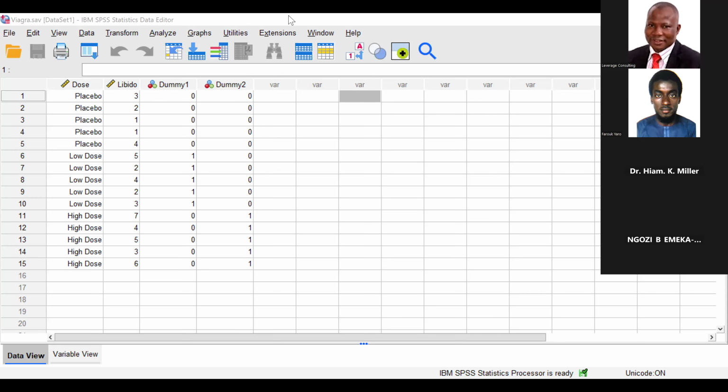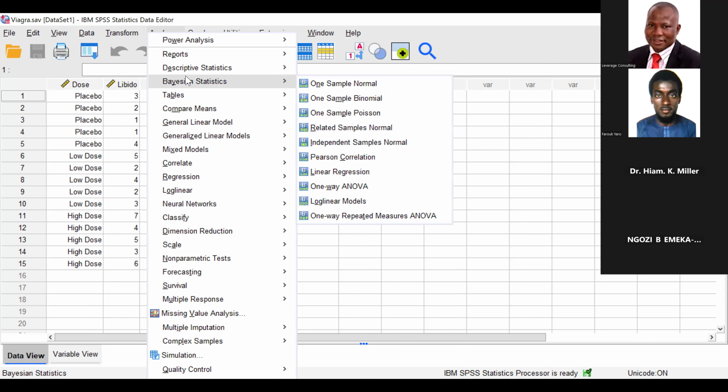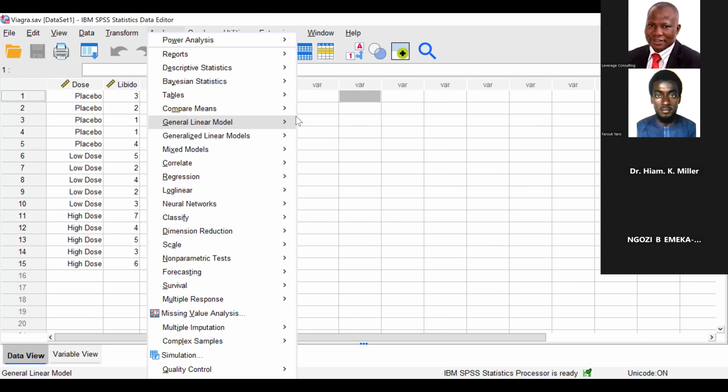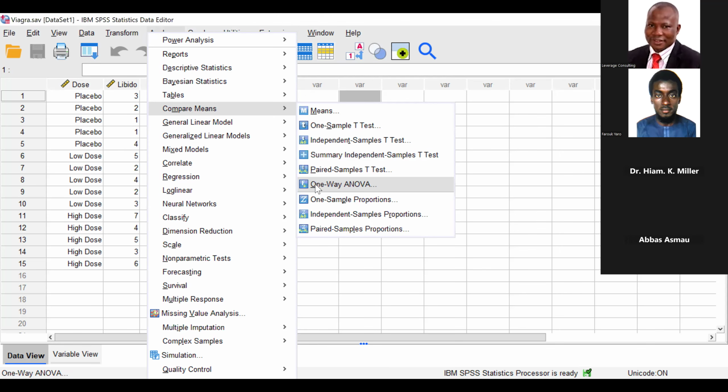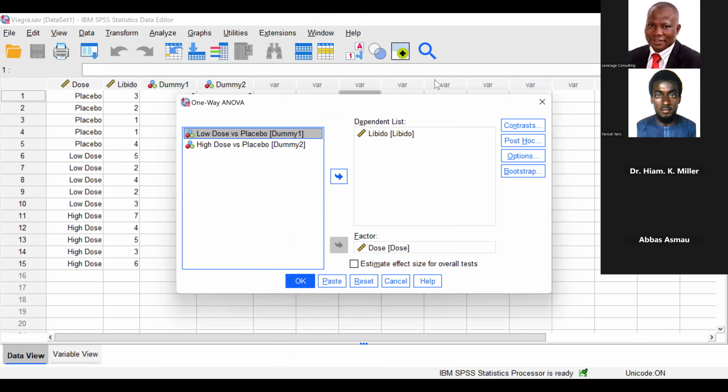So let me just go. I will show you those post hoc tests in SPSS. You go back to Compare Means, One-Way ANOVA. Now, hope you can see. So we now come to this option, post hoc test.